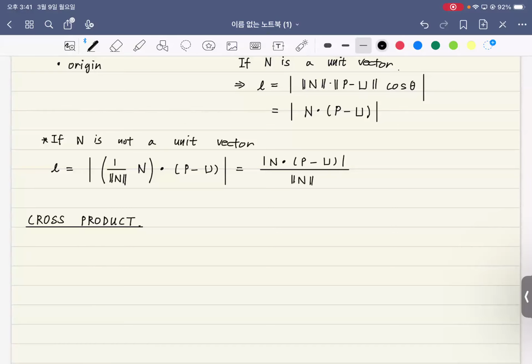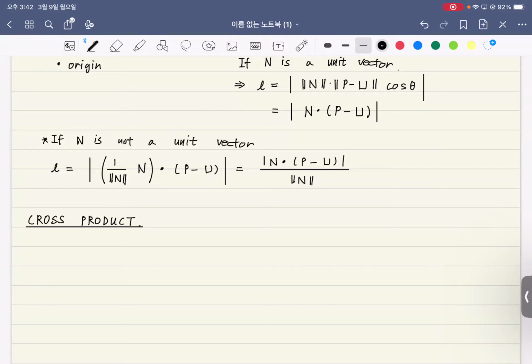But the cross product is somehow different. The cross product is a multiplication between two vectors, and the result is not a number, but just another vector. So vector times vector gives you another vector. But there is a huge difference between the cross and the dot product.